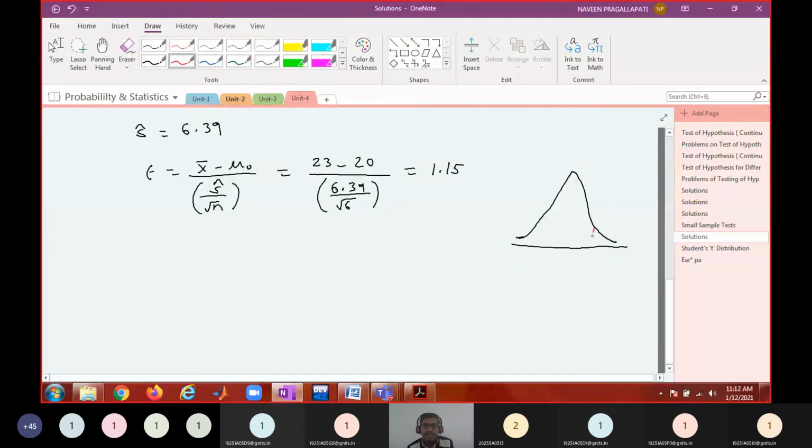This is 0; t alpha by 2 equal to 2.57, and minus t alpha by 2 equal to minus 2.57. This is the critical region. So where is this 1.15 falling? Between minus t alpha by 2 and t alpha by 2. Right. So now what is your decision then?